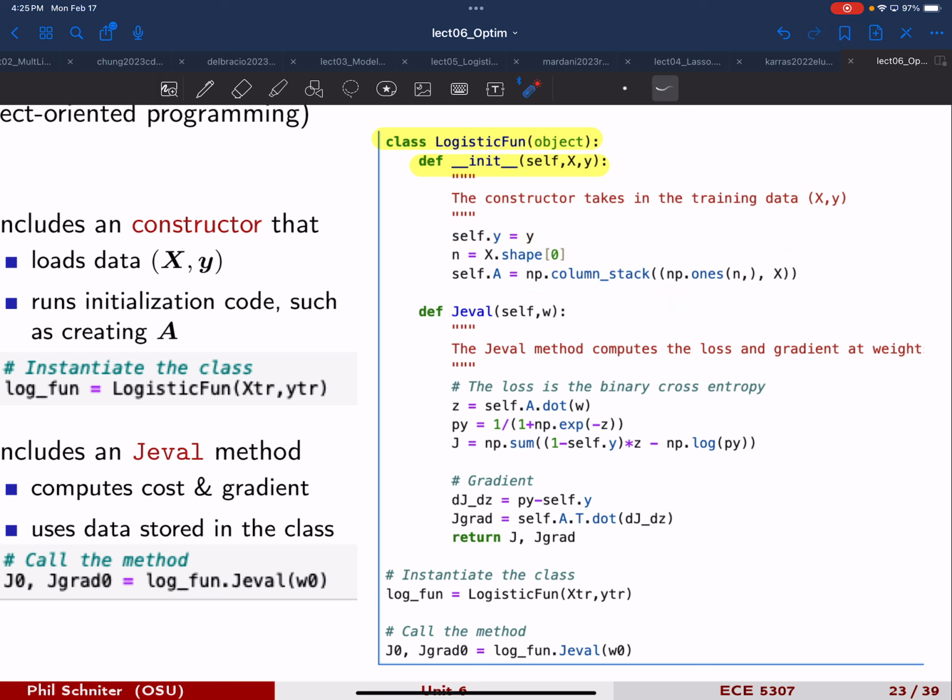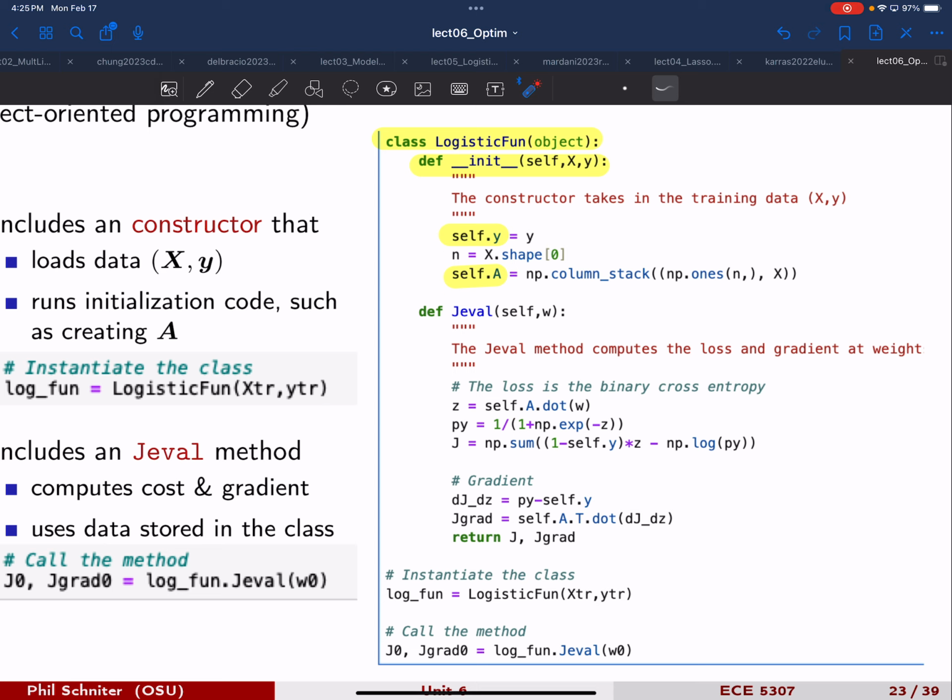The other thing it's doing is storing that computation as an internal variable. These variables that are like self.something are the internal variables. So we're saying store y as an internal variable, store A as an internal variable, but you don't need to store, let's say, n or x as internal variables. Those things are just used temporarily to get the things we're going to store.